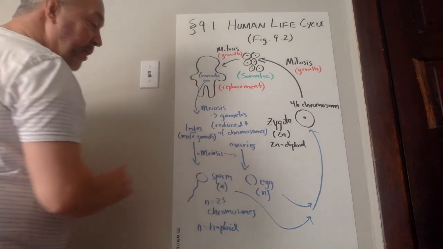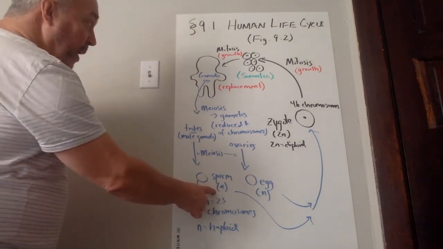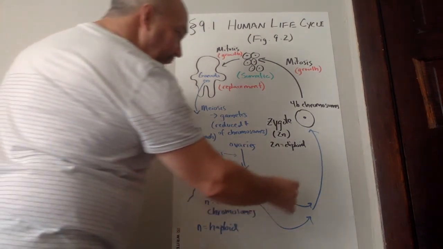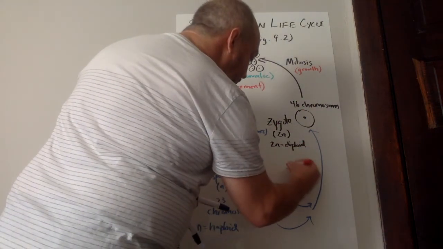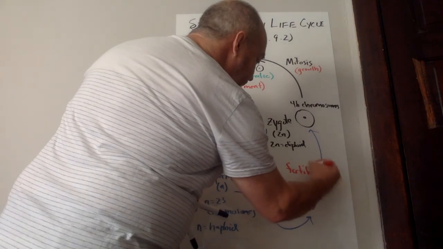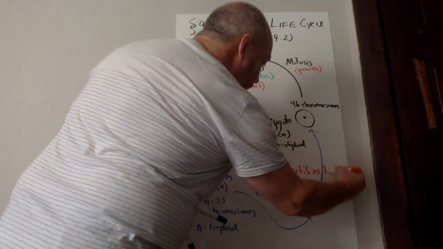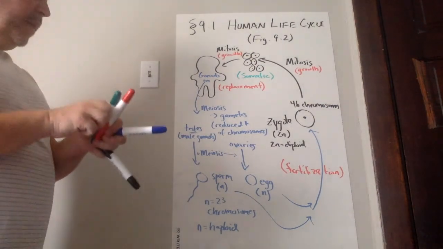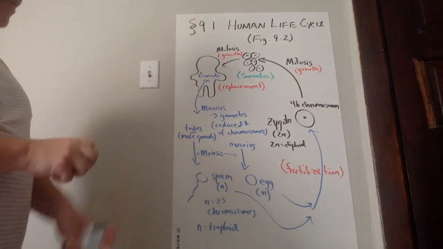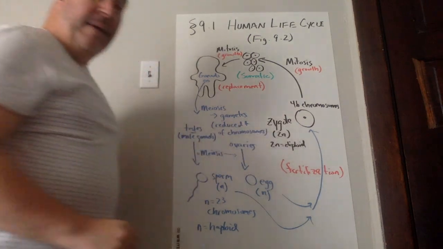We will reduce the number of chromosomes. Notice we went from 2n to n, and then n plus n becomes 2n. And that is what we call fertilization. When egg and sperm come back together, they are fertilized, they have had the union. We're now back to being a zygote.